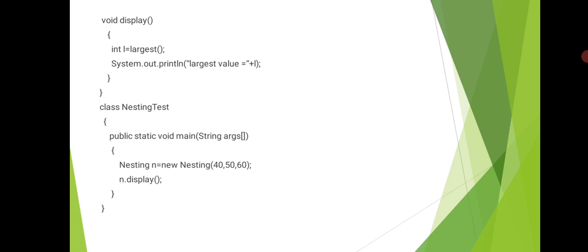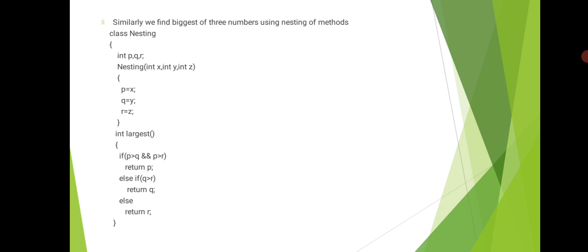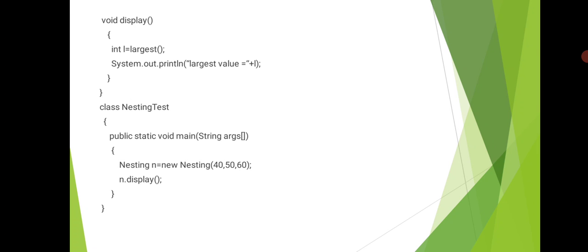So one value 40, another 50 and another 60 are copied to x, y, z, which are initialized to p, q, r in the nesting constructor. Then next, n has p, q, r instance variables, and those values are initialized through this constructor. Okay, so the constructor will initialize the objects.